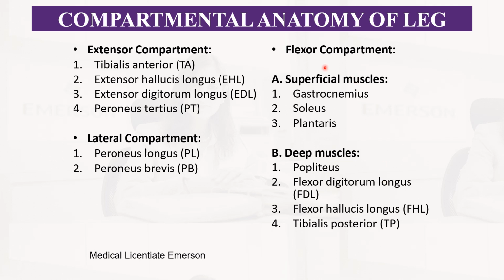So these are the compartment muscles in the leg. In the leg, you have the extensor compartment, lateral compartment, and flexor compartment. In the flexor compartment are the superficial muscles and the deep muscles. I think we can make progress.